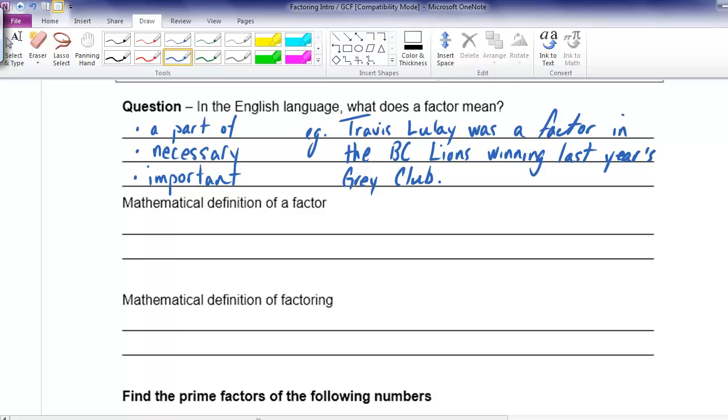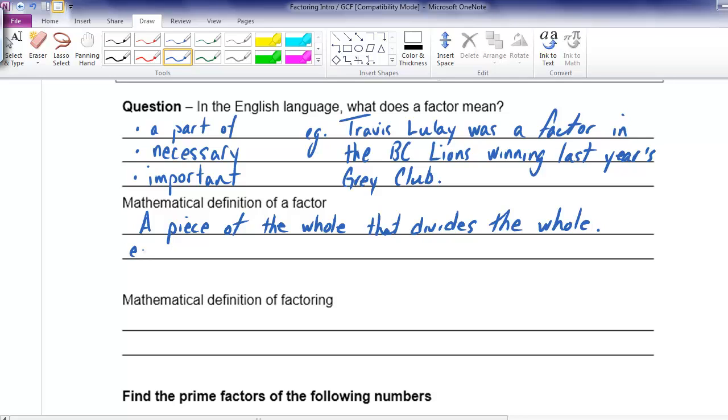The mathematical definition of a factor is this: a piece of the whole that divides the whole. So not just any piece, a special piece, an important piece.